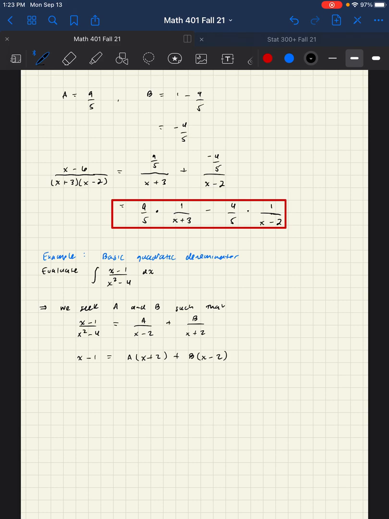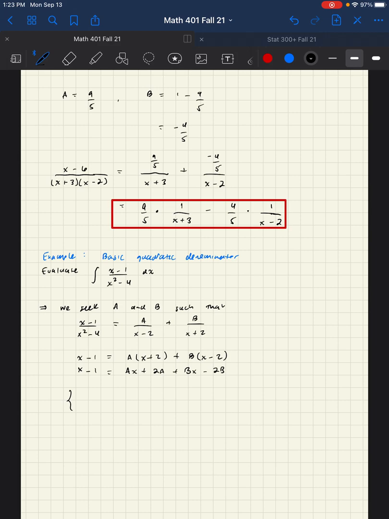Now, once we convert this into a system of linear equations, we're going to use the elimination method from Math 120. So let's go ahead and multiply this out. So we get Ax plus 2A plus Bx minus 2B equals x minus 1.